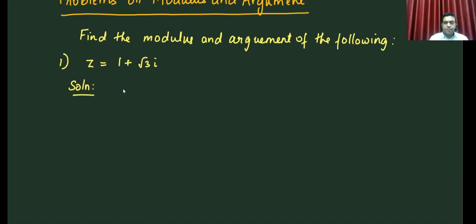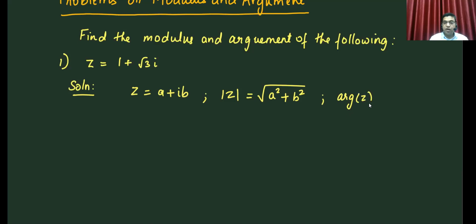If z is a plus ib, then modulus of z is under root a square plus b square. And argument of z, you have to verify. It is 3 cases. It is tan inverse b by a when a is greater than 0.